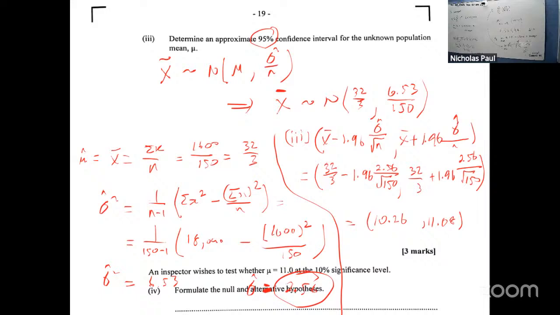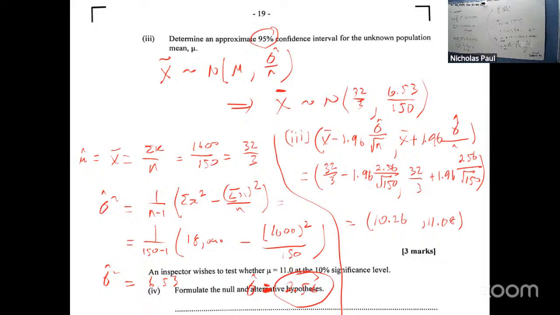I used Bradley's values, by the way: 10.26, 11.08. Ramsarup and Jesse, just check back all the values there. It's close, right? Always remember your x bar value should lie in between there.